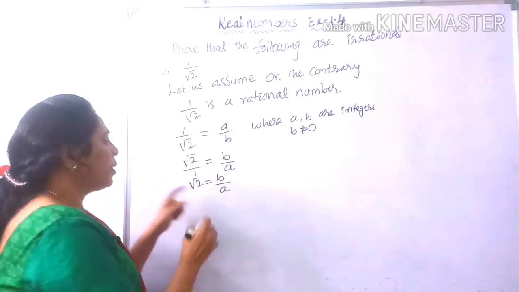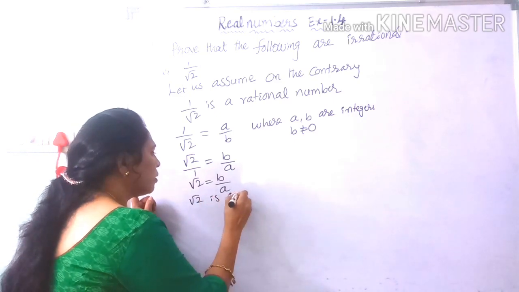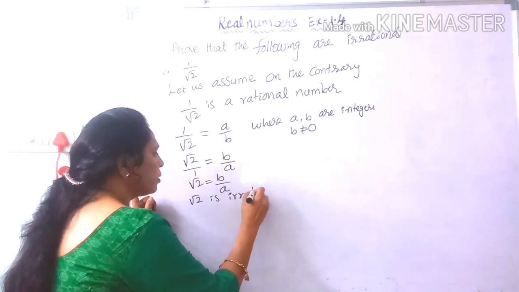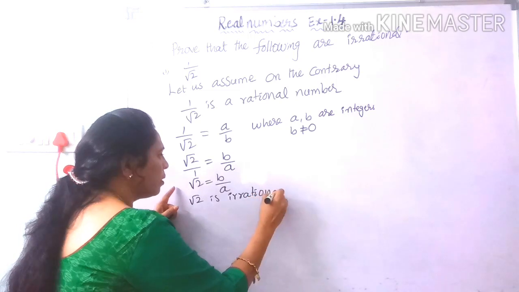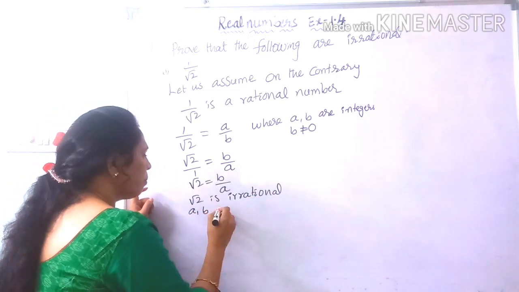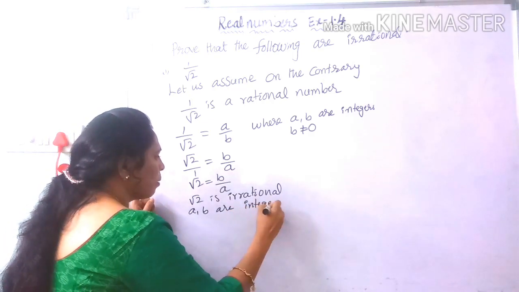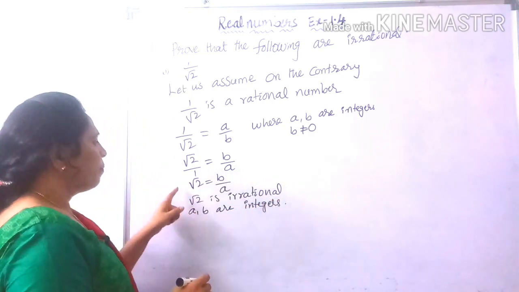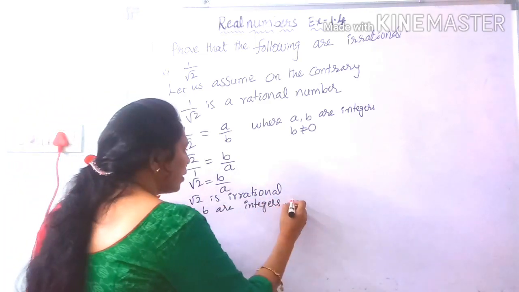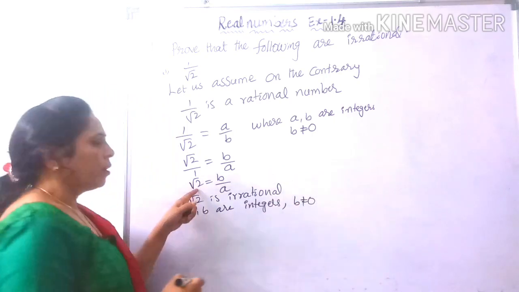Here we have known root 2 is irrational. We have known this root 2 is irrational number. So a comma b are integers. B is not equals to 0 here.